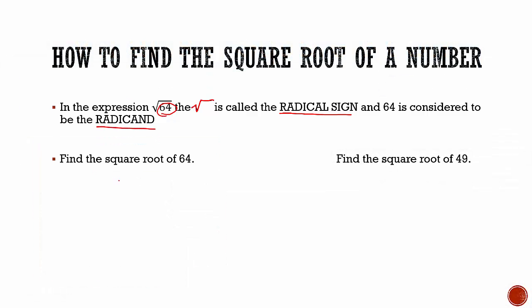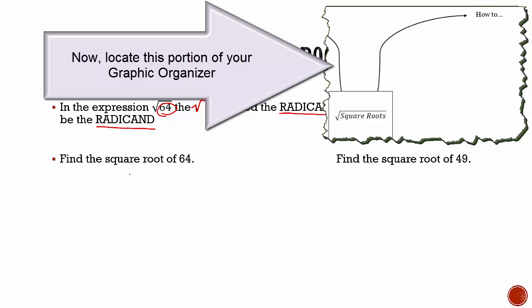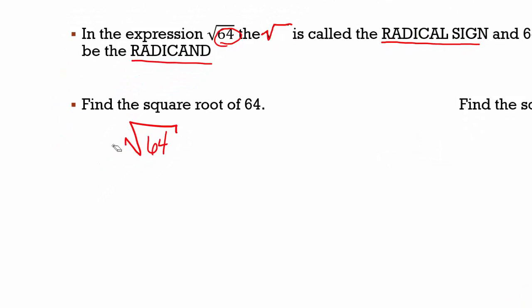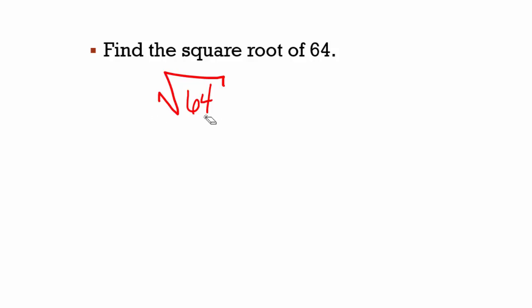So if I need to take the square root of 64, if it's written like this, we're only looking for the positive root of 64. So we're looking for what number times itself equals 64.